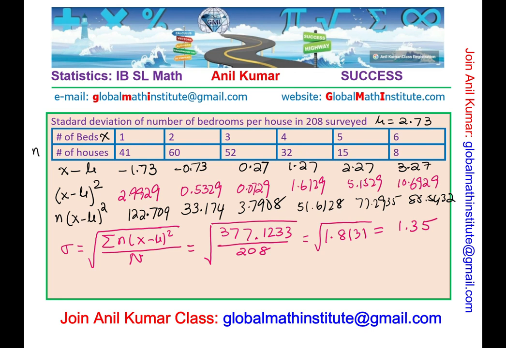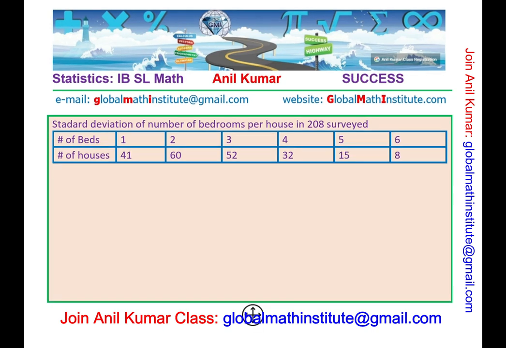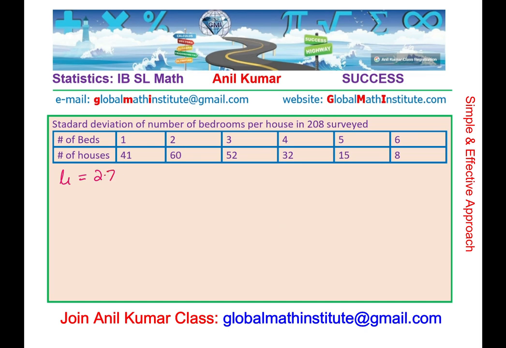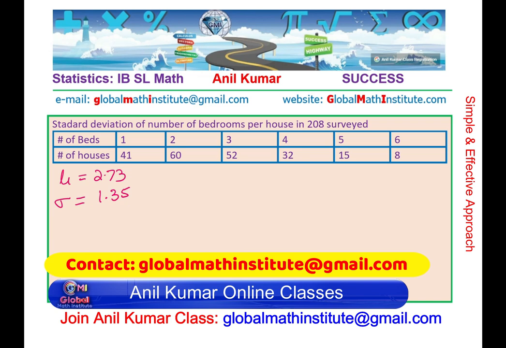So 1.35. So let's write down what we got. We got a mean of 2.73, standard deviation of 1.35 or 1.34, right?